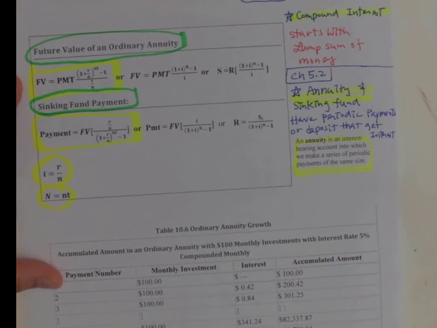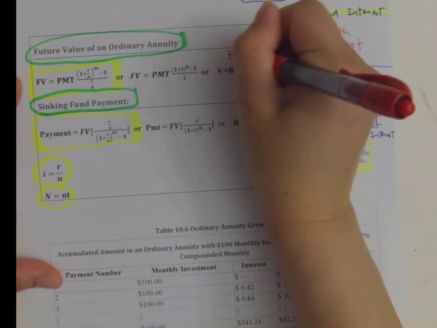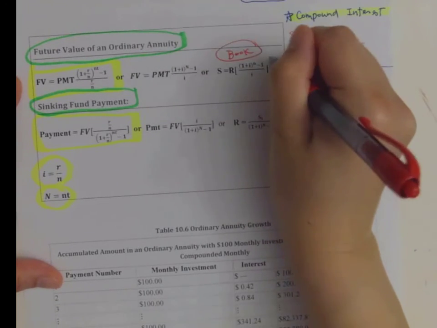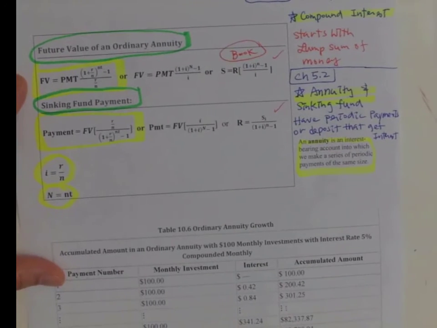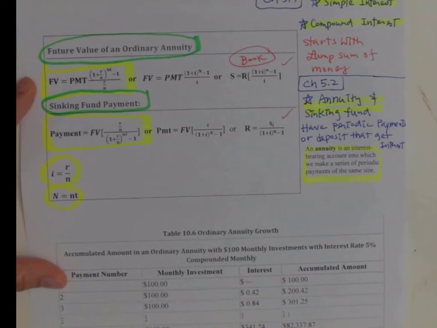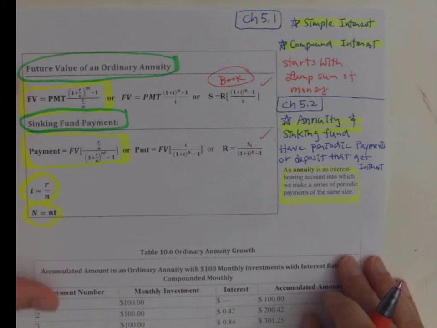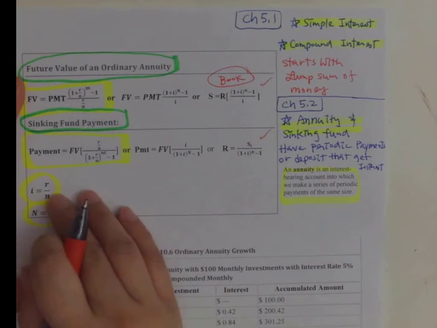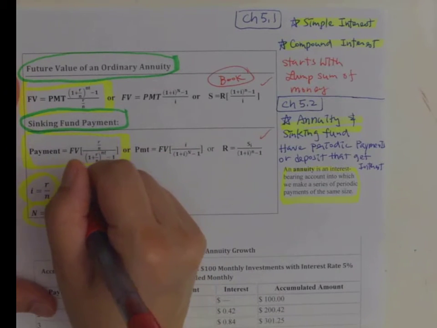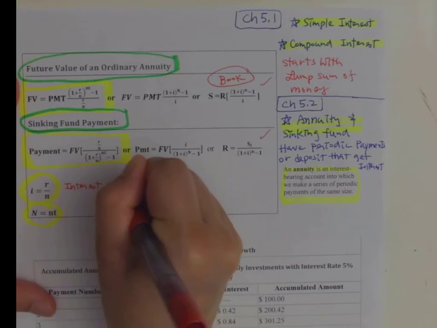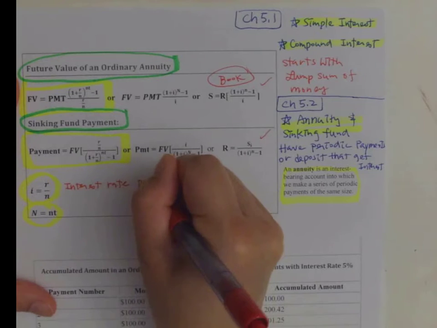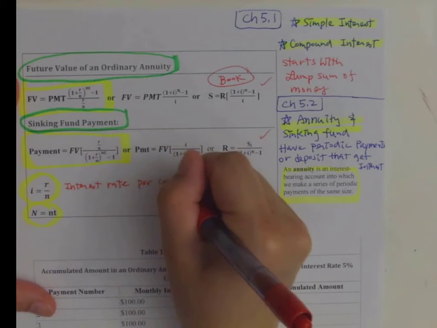Okay, so again, the book formulas are this guy and this guy, so it's a very confusing way to put that together, so I personally don't like it as much. Okay, for this part, the i, let me write down, this is the interest rate per compounding period.